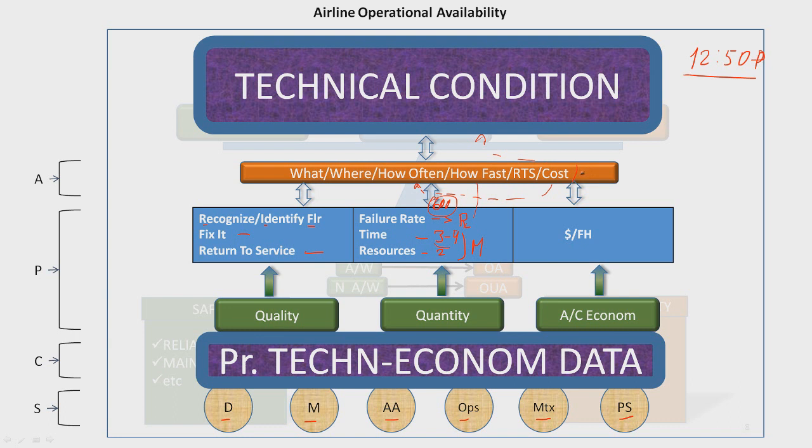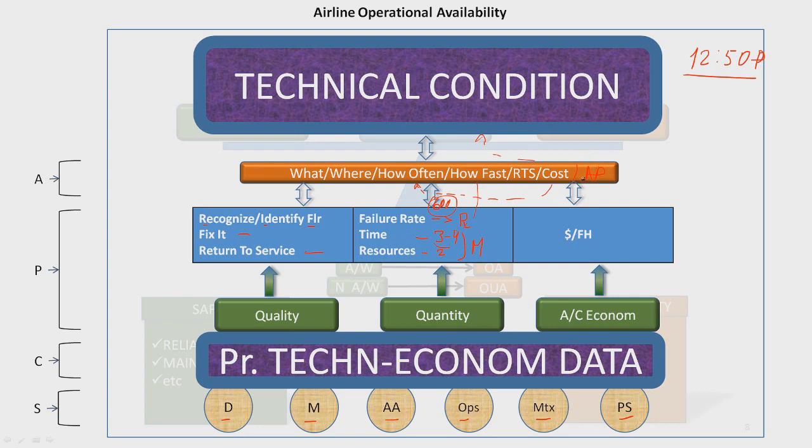Let's say we can add airport. Why airport? The airport is very interesting. If a left AC generator failure happens at the base station, these 3-4 hours are not the same 3-4 hours as if this happened at a transit airport.